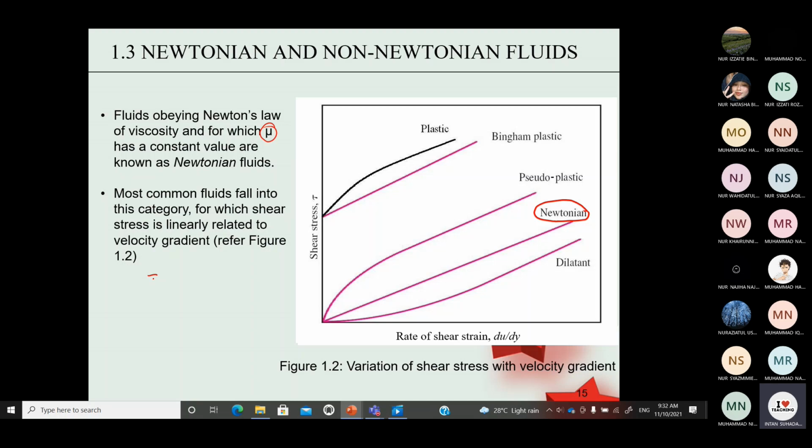For which shear stress is linearly related to the velocity gradient, meaning that your shear stress is proportional to your shear strain. Means that if you increase your shear strain, your shear stress will also increase. If you increase more of your shear strain, then your shear stress will also increase. So it's proportional. The one that has this characteristic we know as a Newtonian fluid.